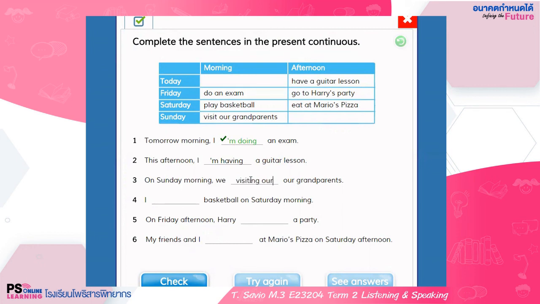Visiting our grandparents. On Sunday morning, we're visiting our grandparents.